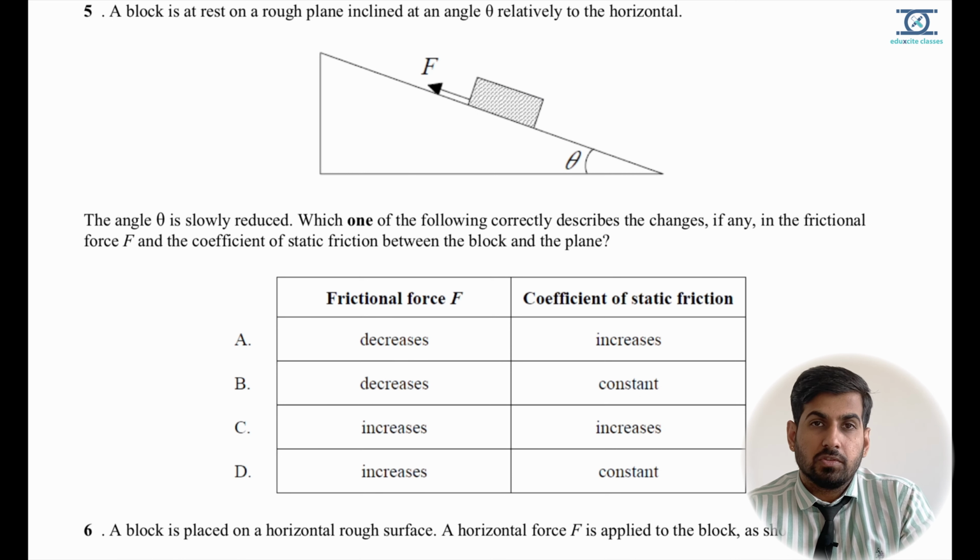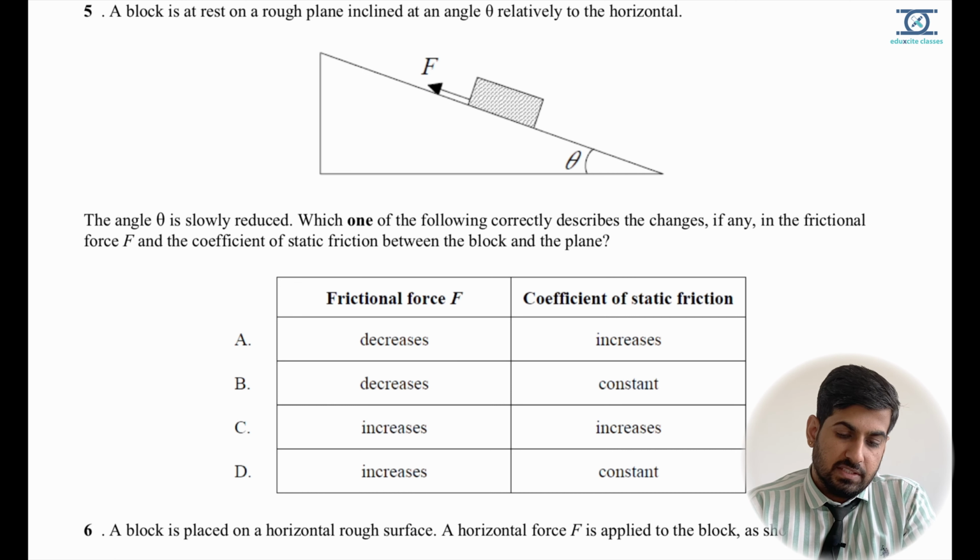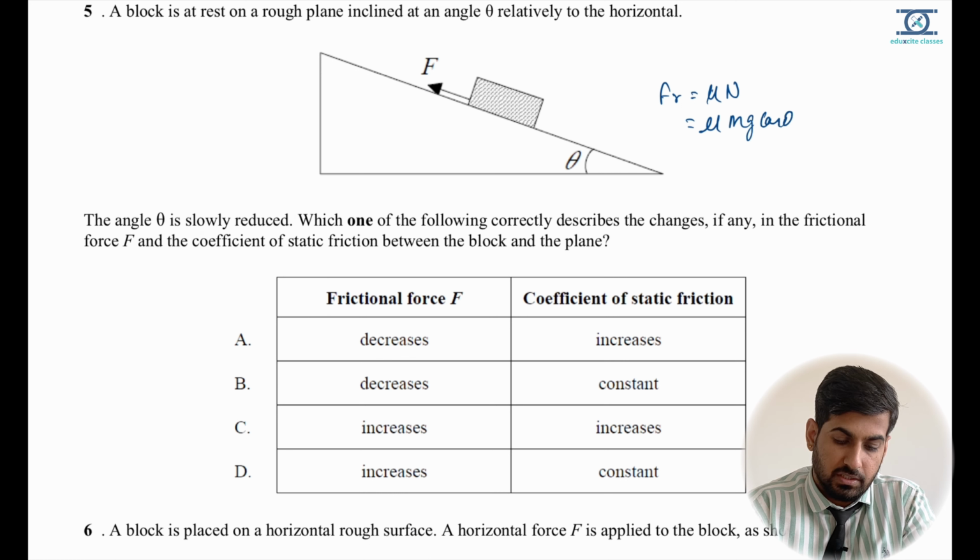Now pause the video for question number 5. Okay, now you can see that as the value of your theta is slowly reduced, what will the friction be? Friction will be equal to mu into N, right? And N is mg cos of theta.